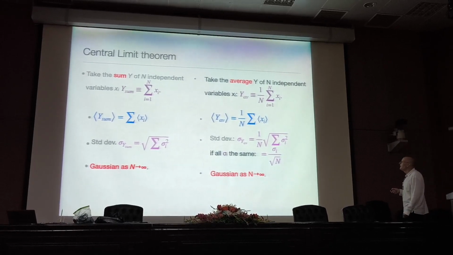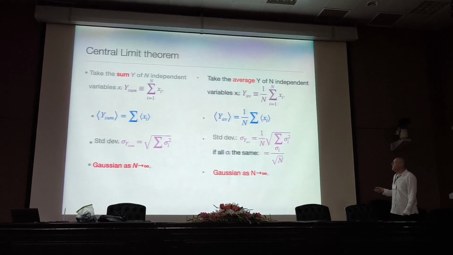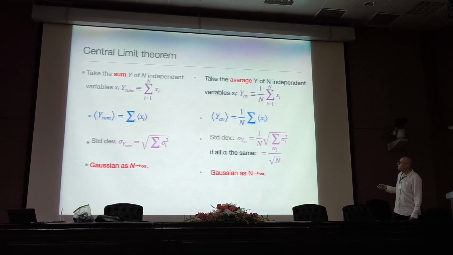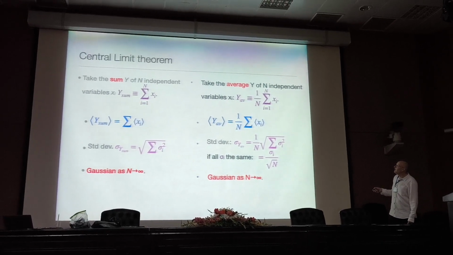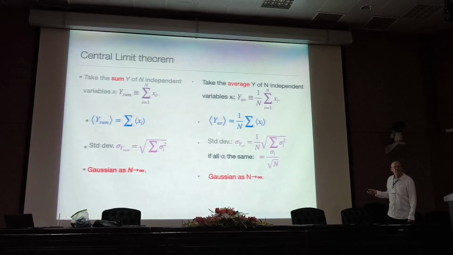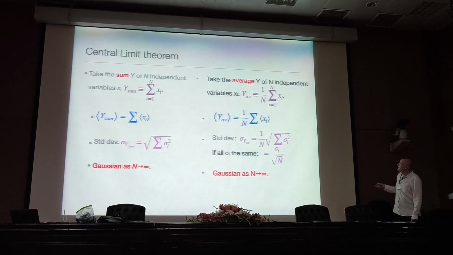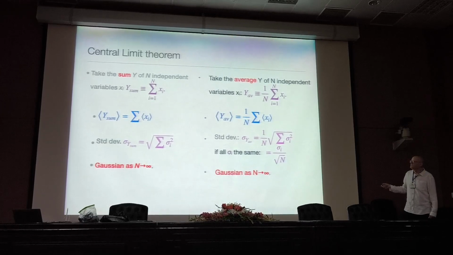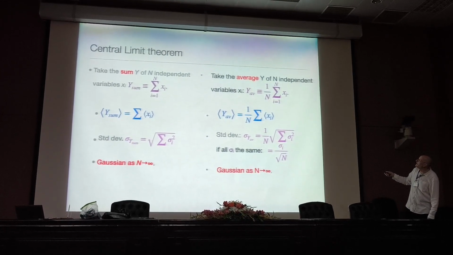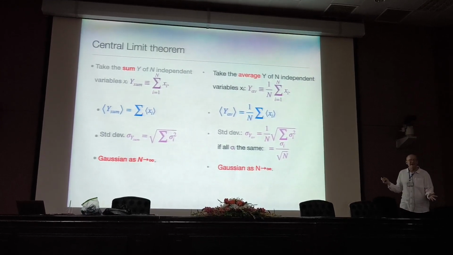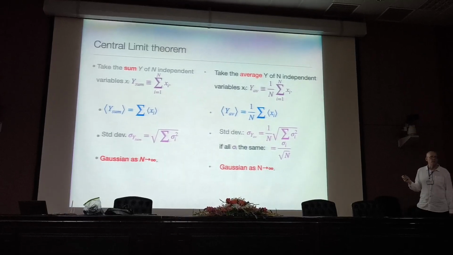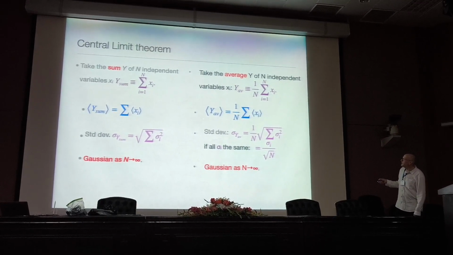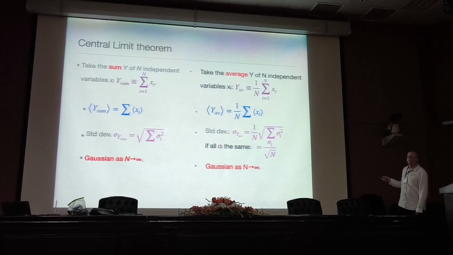I think less obvious, and that would require some proof if I did this properly, is that the standard deviation is the one that you get from this divided by n. Basically, this division by n just carries through here, but why that is the case is not so obvious without proving it to you. So I ask you to just accept it or go home and derive it yourself.